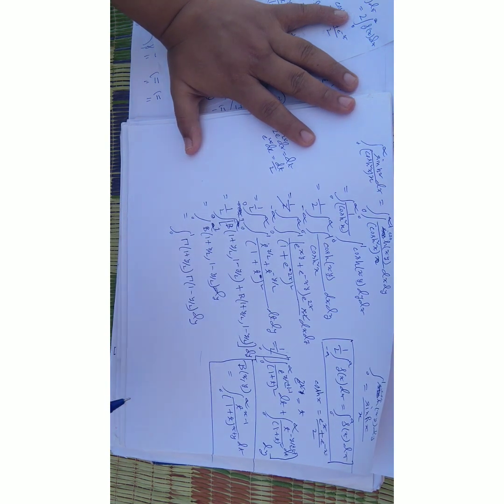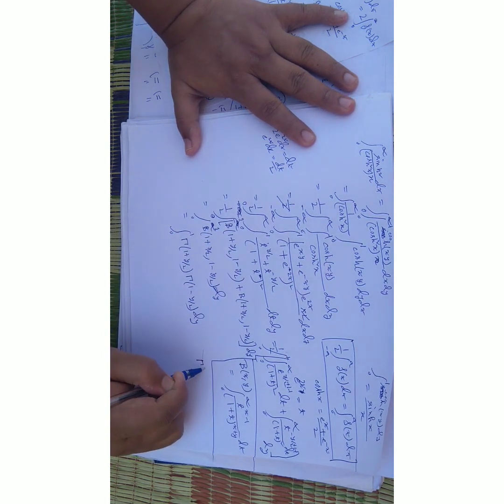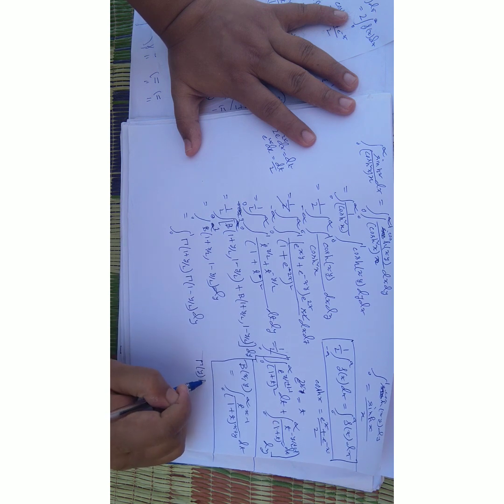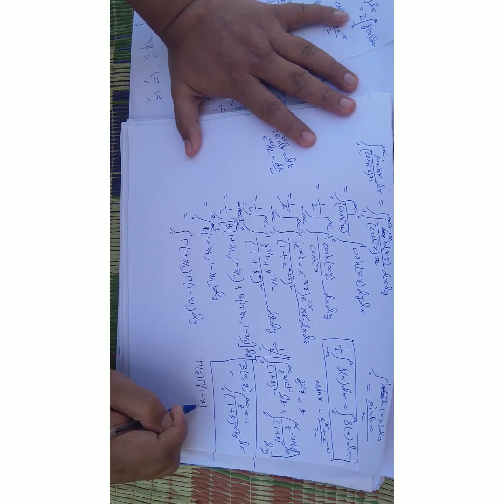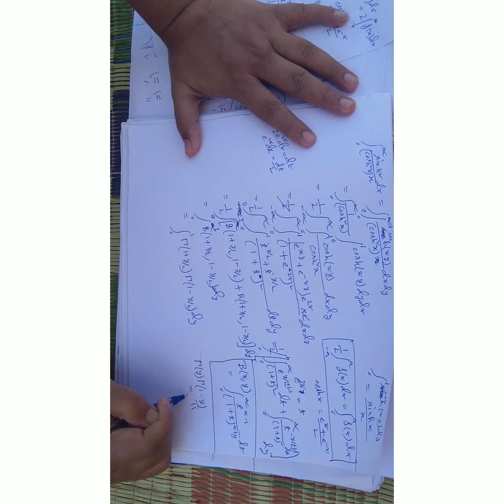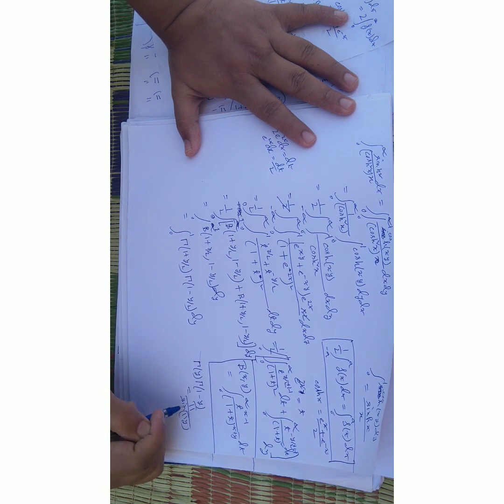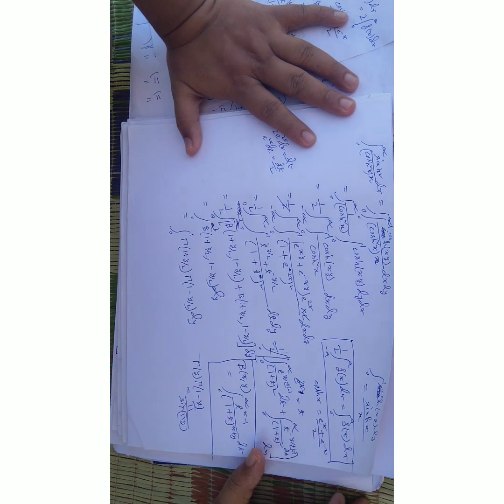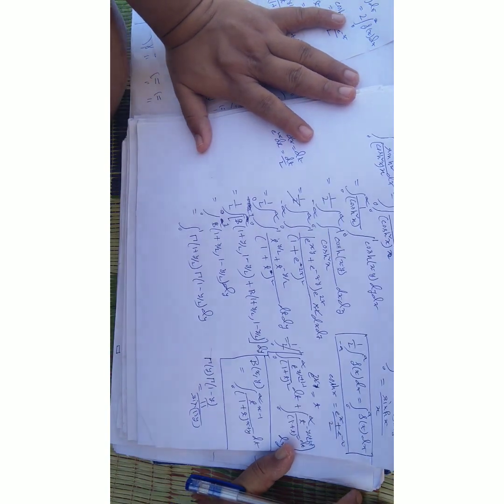Now the formula of gamma: gamma(y) into gamma(1 minus y) is equal to pi divided by sin pi y. This is the formula.